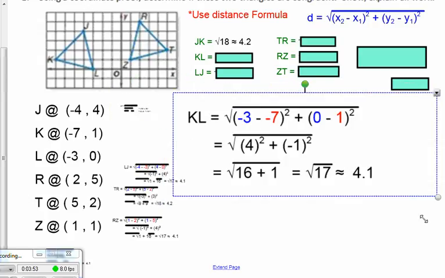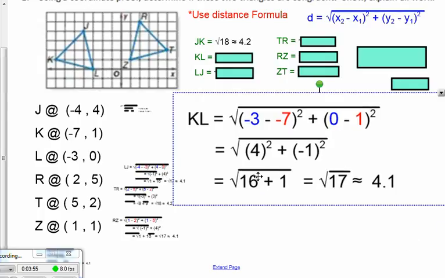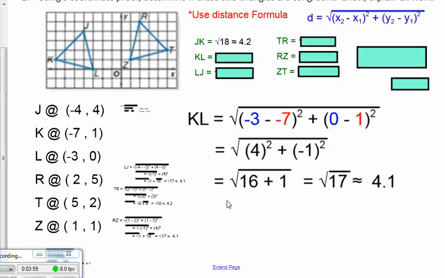If we're looking at K to L, here would be our work. Again, just plugging everything into the distance formula. In this case, L is our last point there. So we started with L, -3 and 0 from right here, and -7 and 1 from K, our other, now red, ones. -3 minus -7. Remember, that's like adding 7.